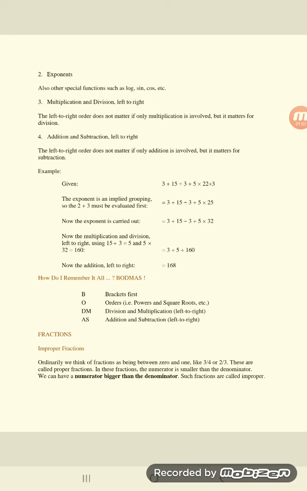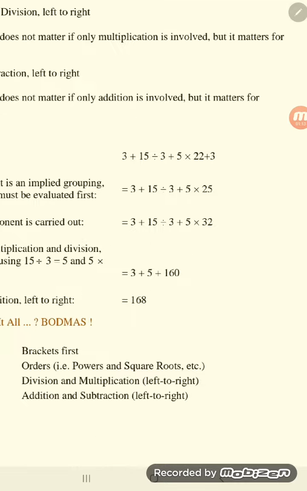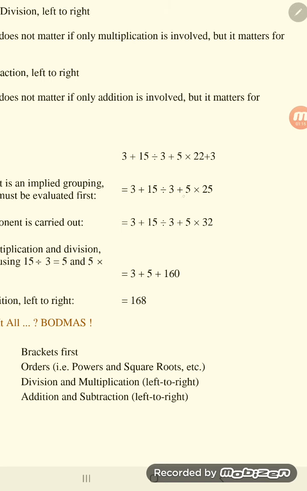division first, multiplication, addition, subtraction next. So if we try to calculate this kind of value, let's say 3 plus 15 divided by 3 plus 5 multiplied by 25, you need to reserve the first part, 15 divided by 3 and also 5 multiplied by 25, first.